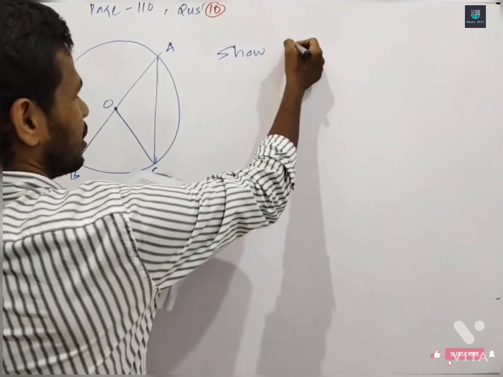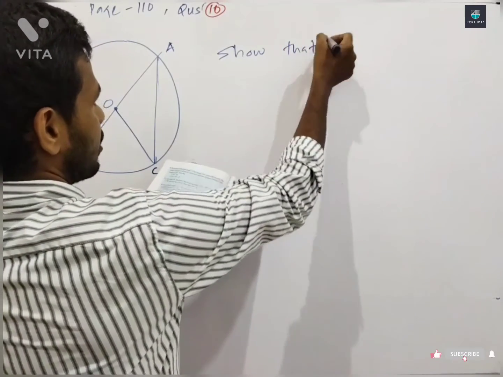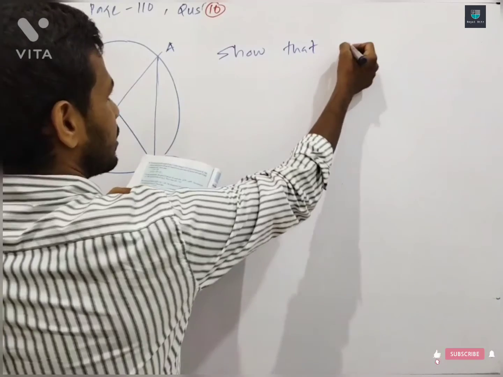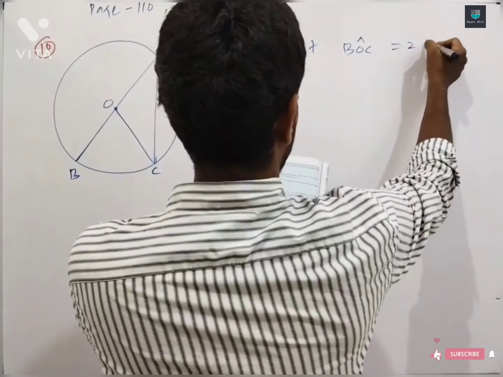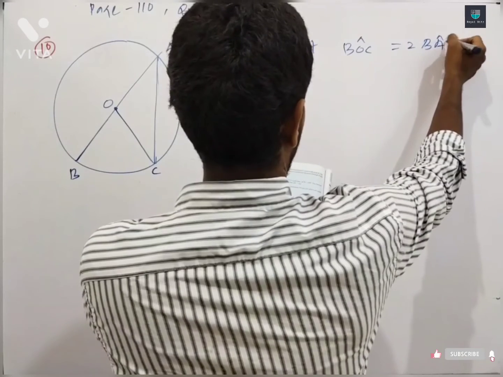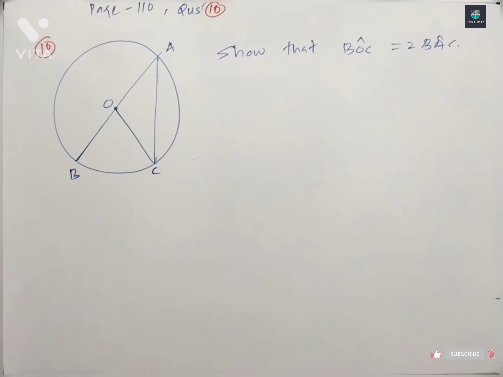Yes or no? Yes. Show that BOC is equal to 2 times BAC. I'm going to do some very easy questions. Okay. So what is that? Can you start this?